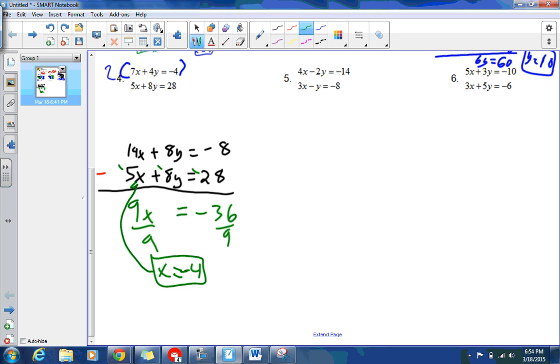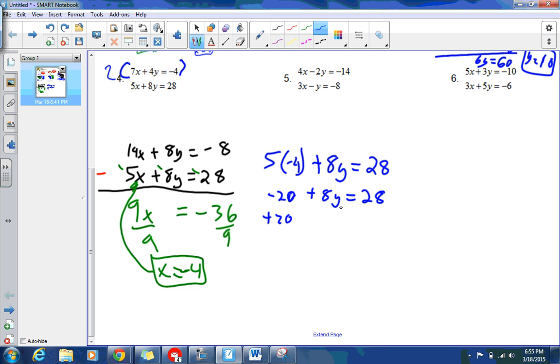I'll plug it in for the first one. And you should end up with 5 times, instead of x, we're going to use -4, plus 8y equals 28. That would be -20 plus 8y equals 28.